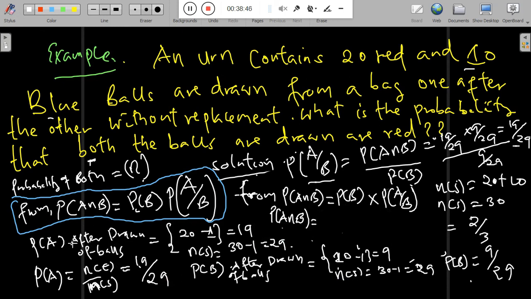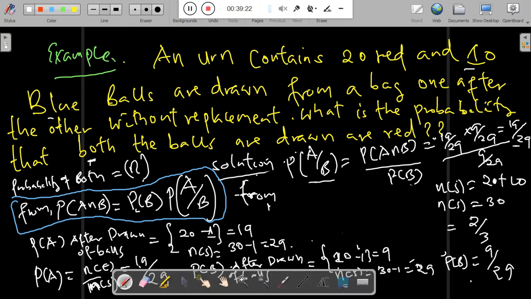So we take out, from our data sets, 20 over 30. And then we times the probability of A given B, that is 19 over 20.